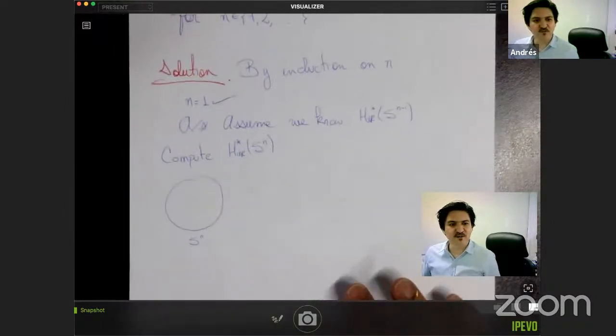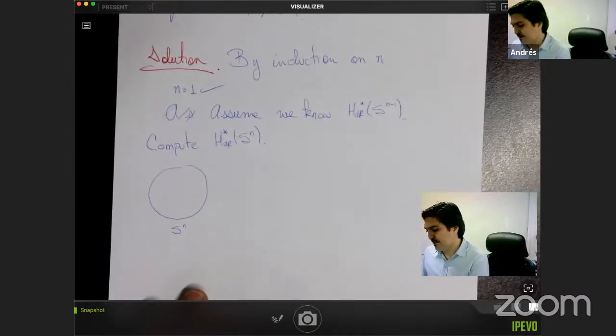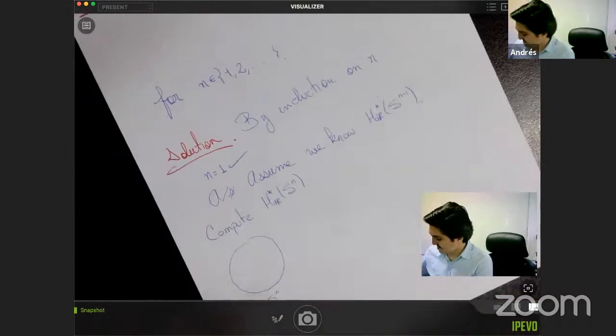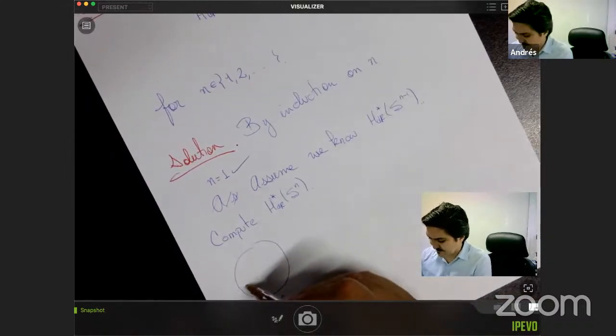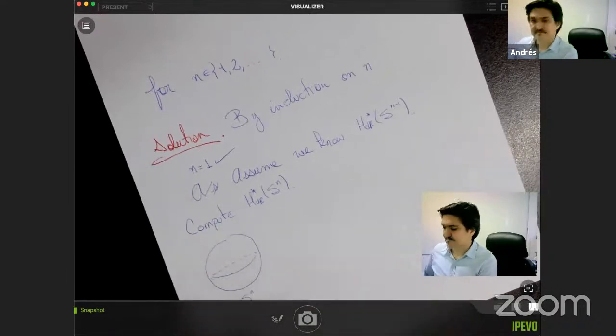So what is U and what is V? And what is the intersection? So I want options.